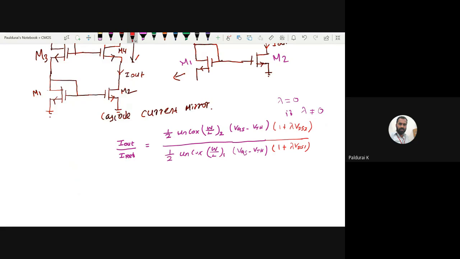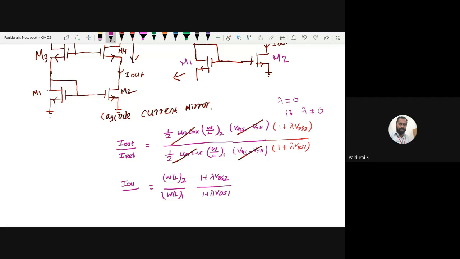Now what will happen here? This half mu n Cox gets cancelled. These two get cancelled. So this time, this is the width to length ratio of the second transistor over the width to length ratio of the first transistor, times (1 plus lambda VDS2) over (1 plus lambda VDS1).